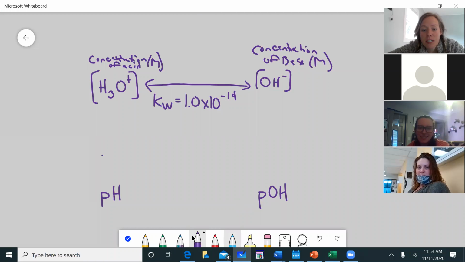1.0 times 10 to the negative 14. And this equals, for any solution, not just pure water, 1.0 times 10 to the negative 14 will equal H3O plus, the acid concentration, times the base concentration.